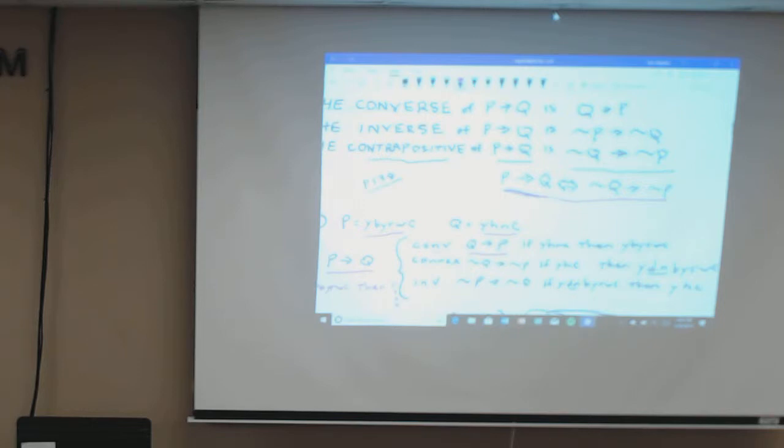The contrapositive, is that what they want next? The converse, the contrapositive, and the inverse. The contrapositive, what was that up there? If P then Q. The contrapositive is if not Q then not P. So what's not Q? If Q is you have no cavities, then not Q would be you have cavities.